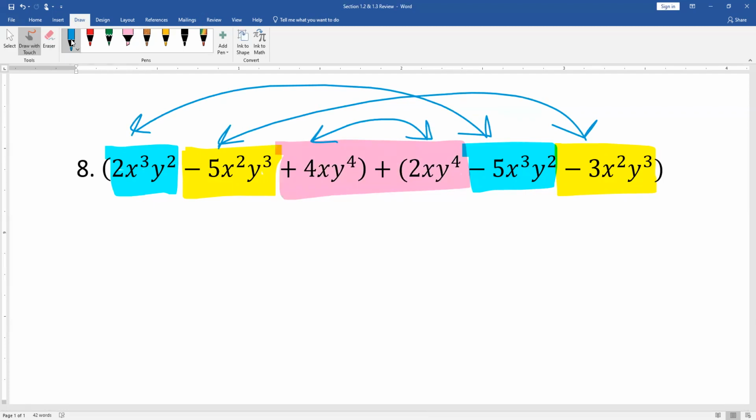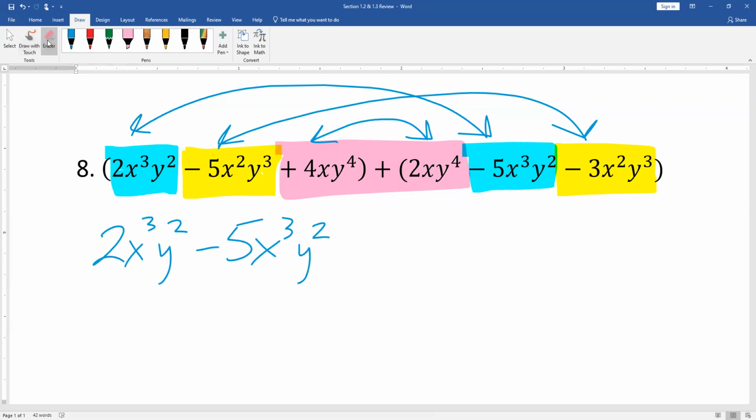So you can do this a couple of different ways. You can put them in order, which I feel like is helpful. So 2x cubed y squared minus 5x cubed y squared. So you can use the distributive property, I guess it's sort of distributive property in reverse here.